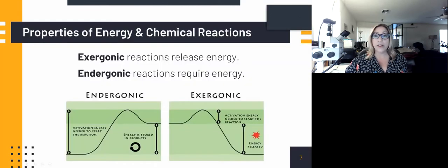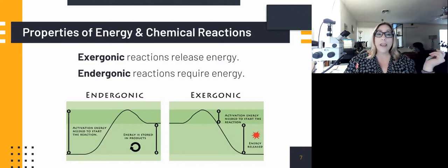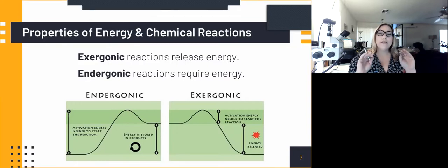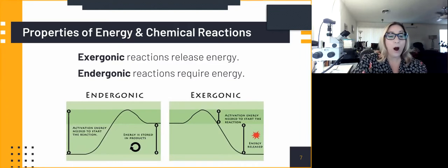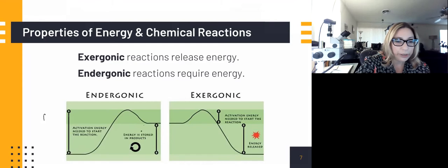So let's take a look at how this is represented in a graph. So on the left-hand side, we have an endergonic reaction. So remember, energy is entering the system. So on this y-axis, I'm going to put potential energy.